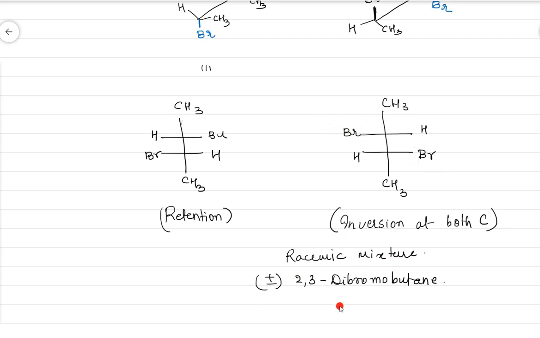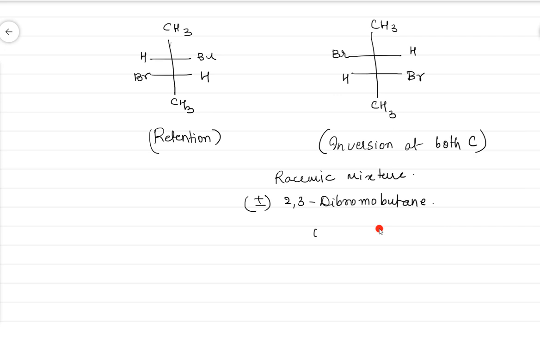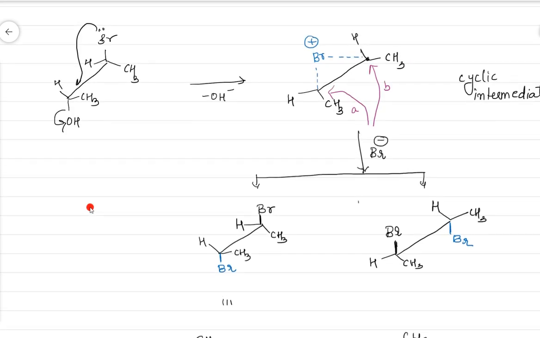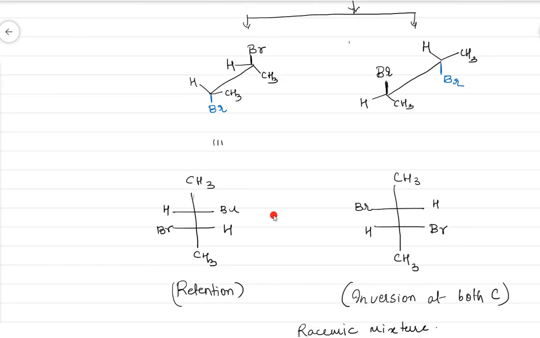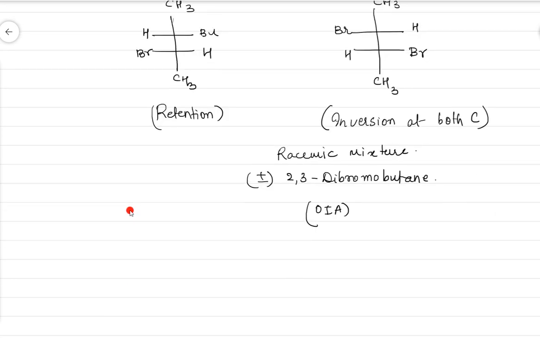Okay, because it is a racemic mixture, you have an optically inactive product. So your reactant was optically active, but your product is optically inactive. This is how we can explain the neighboring group participation for these reactions as per the stereochemical aspect.